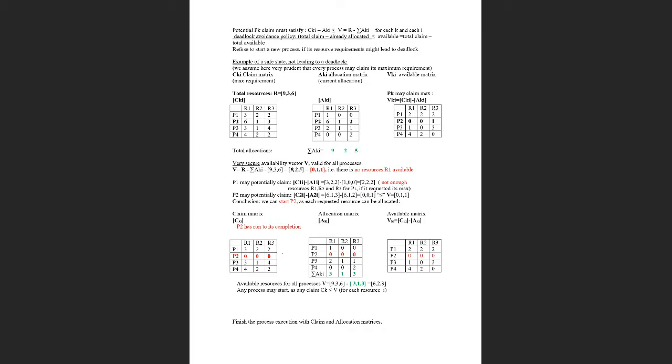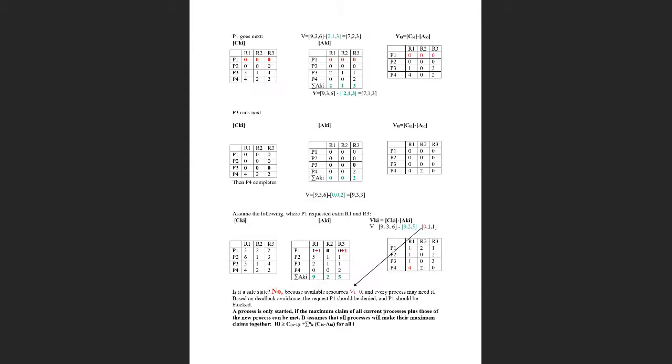And now the available vector is 3, 2, 6. So for any process, because we have 6 of resource 3, 1 and 2 of resource 2, 2 and 3 of resource 1, none of those processes would claim more. So the claim is less than V for each resource. So any process can start up.